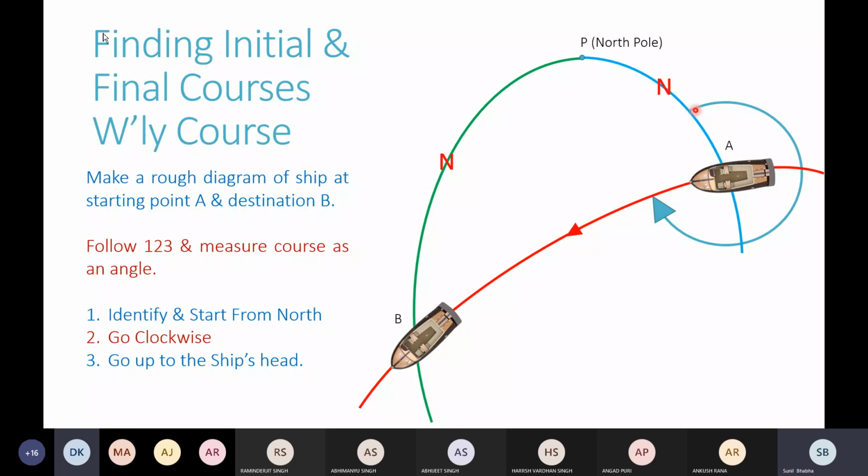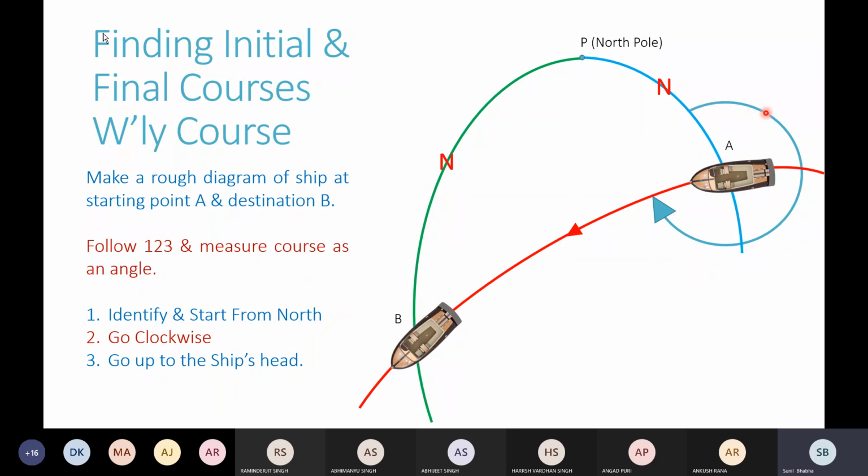The total 360 angle minus A. From north going clockwise and coming back to north is 360 degrees. Just as it is with straight lines, you start measuring the angle at any point on the straight line, going clockwise, coming back to that line, it gives you 360 degree angle.